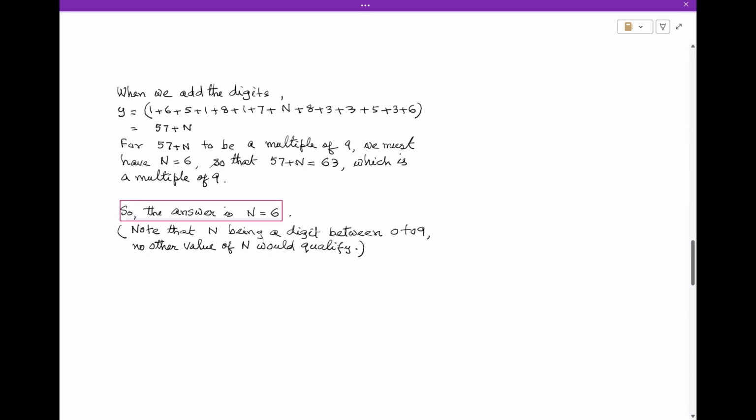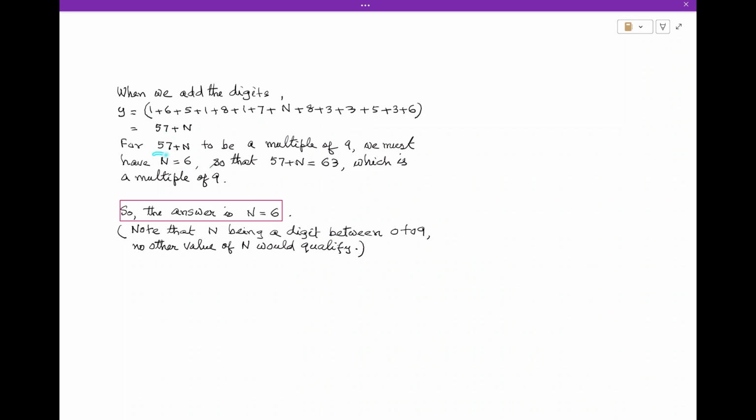When we add the digits, y is equal to 1 plus 6 plus 5 plus 1 plus 8 plus 1 plus 7 plus n plus 8 plus 3 plus 3 plus 5 plus 3 plus 6, and we get 57 plus n.